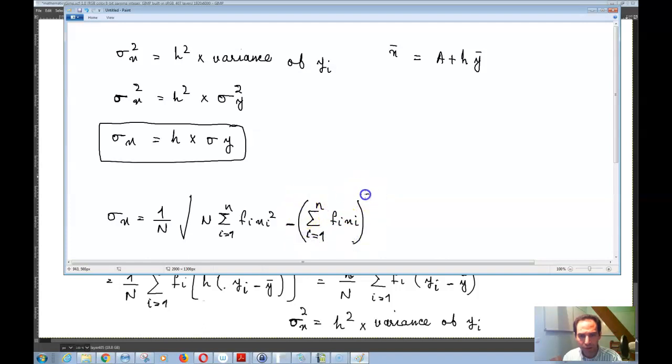You raise that to the second power, you take the square root of the whole thing, and that was basically the standard deviation that we used. So now based on this, I can write the same equation.